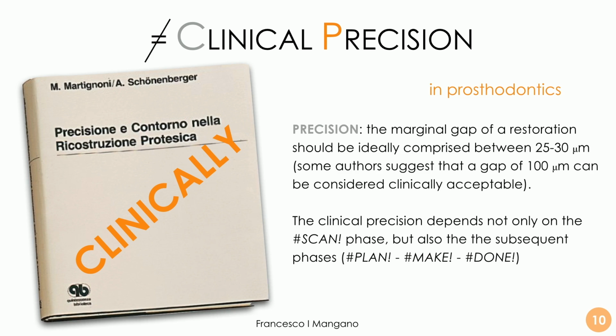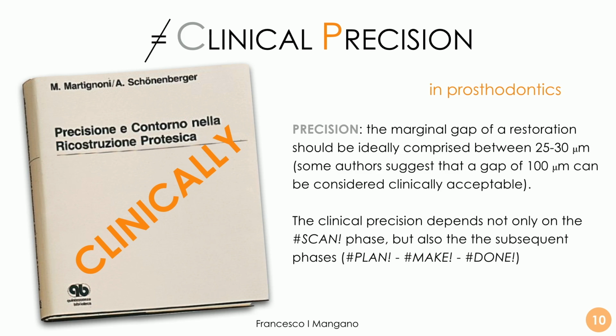But the point is that if we talk about the fit and the marginal precision of a crown, then we are talking about all the phases of the digital workflow. So this result is determined by several phases: the scan phase, of course, but also the planning phase, how we manufacture our crown, for example, and how we cement our crown.